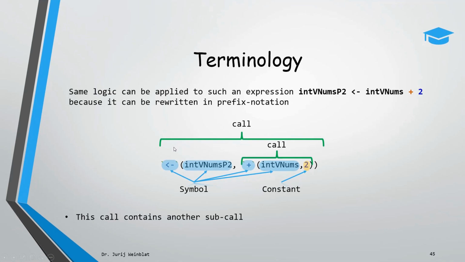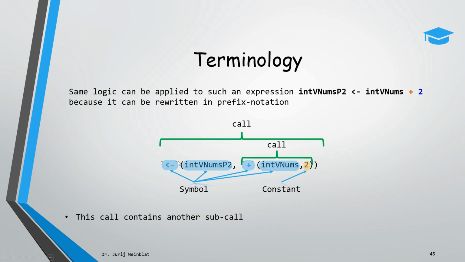Let's have a look at a more complex example, this one up here. It does not look like a call, but it is actually a call, and it becomes more obvious if you rewrite it using the so-called prefix notation. Because everything in R is a function, you can always write it as a function, and even this assignment operator is a function, and you can write it differently by making use of these ticks and writing it as the first element of your call.